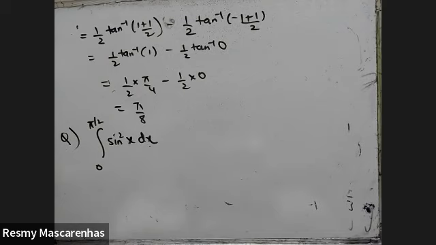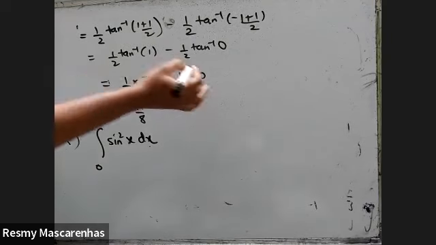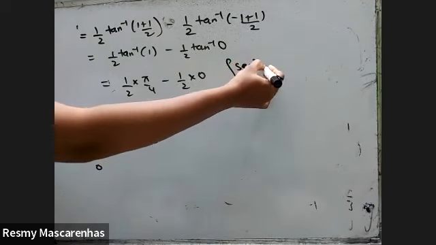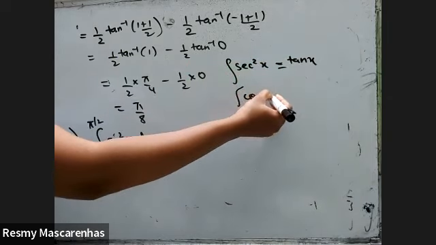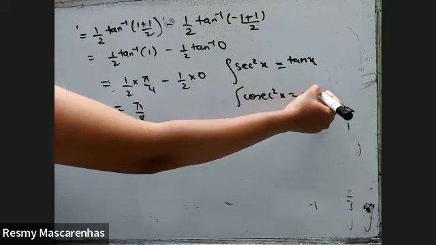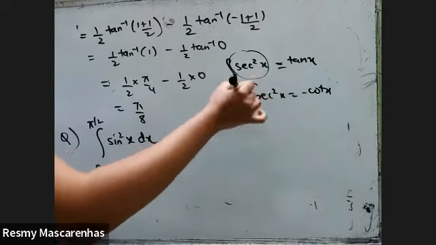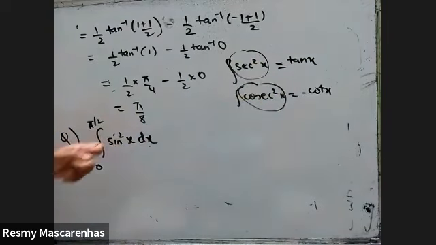Whenever there is a square of a trigonometric function, only the integrals of sec square x, which is tan x, and cosec square x, which is minus cot x, exist. Only these squares have integrals if you see in the formula list. But sine square, cos square, tan square and cot square will not be there in the formula.